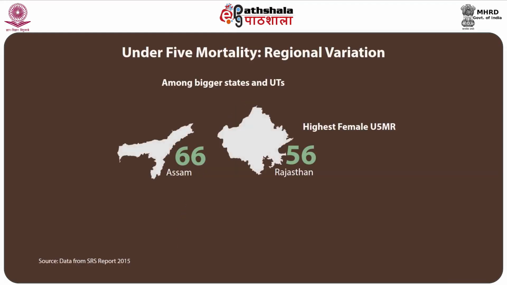All the states and union territories have higher under 5 mortality rates of females than that of males, except a few states like Himachal Pradesh, Odisha, Punjab and Madhya Pradesh. Assam and Rajasthan have the highest under 5 female mortality rate, which is 66 and 56 respectively.